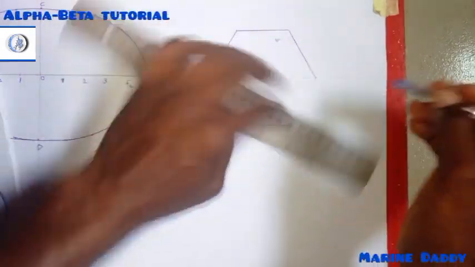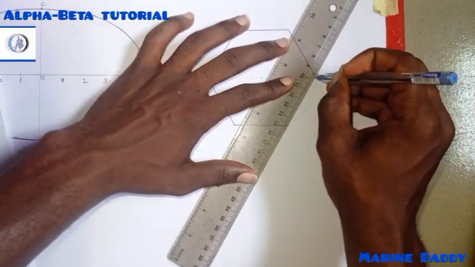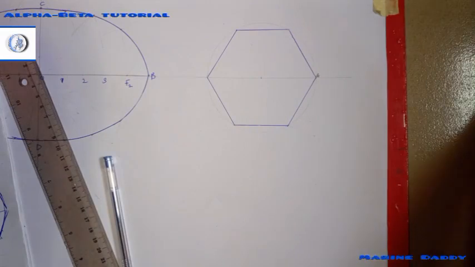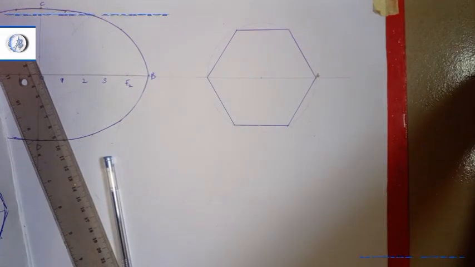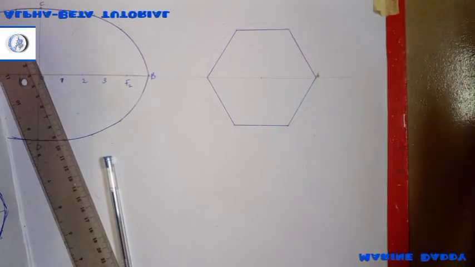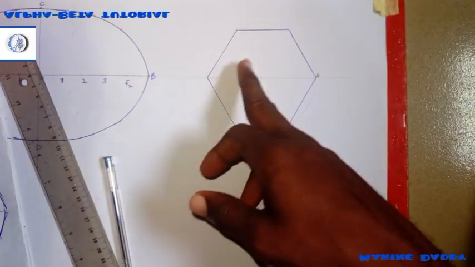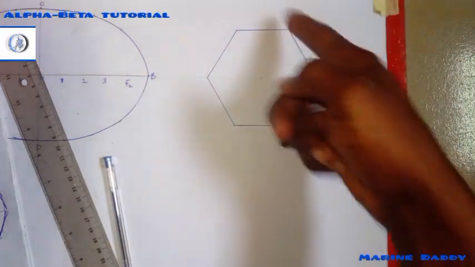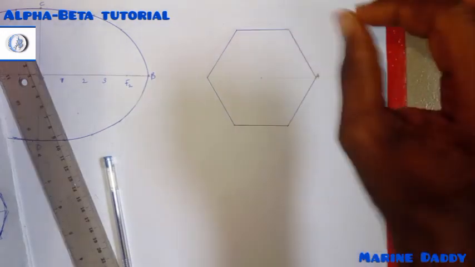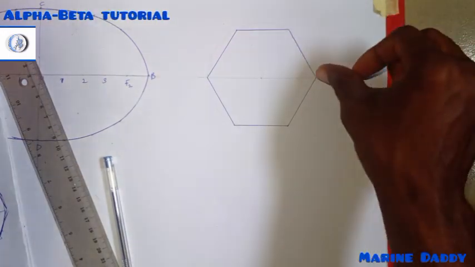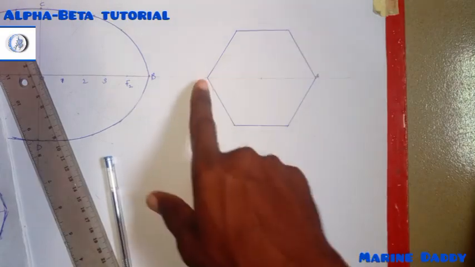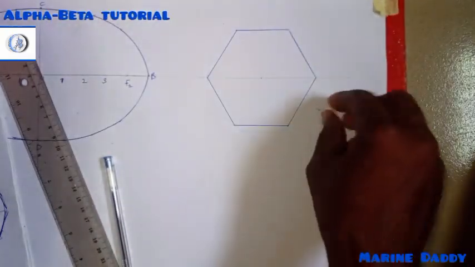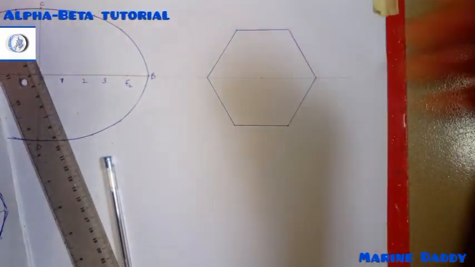So you're just connecting the points at the circumference. As simple as this. So when you hear construct a polygon whose distance across corners is whatever value it is, you just take that value to be your diameter, divide by 2 to get your radius, and use it to draw a circle. Place the radius at this end, strike at the top and at the bottom, come over to the other end, strike at the top and at the bottom. From there, connect the points at the circumference of the circle and you have gotten it.